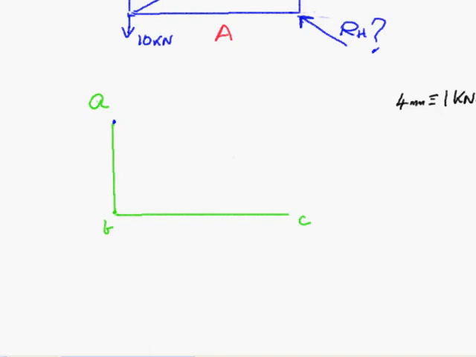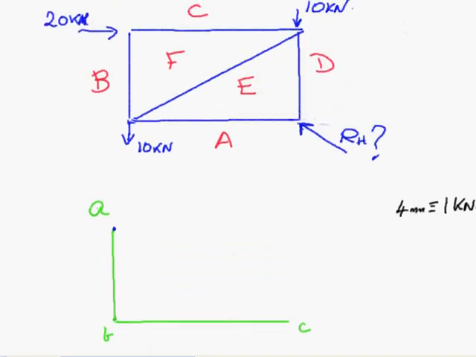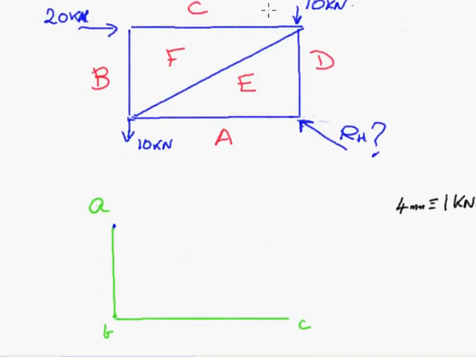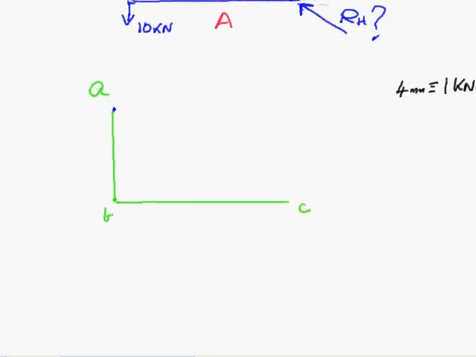Put on bc. CD, we've got to come down a further 10 kilonewtons. So cd is simply down another 10 kilonewtons to d.